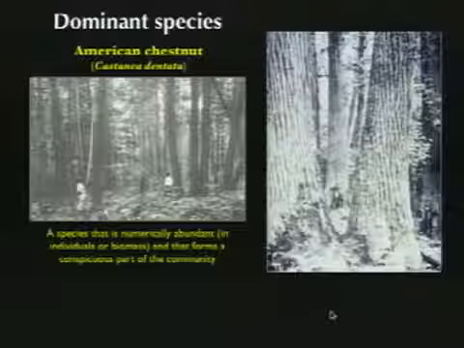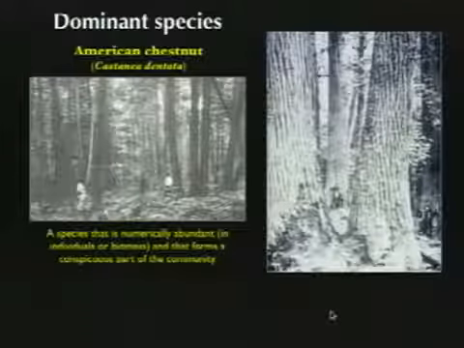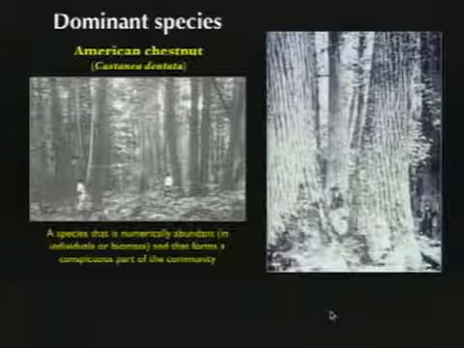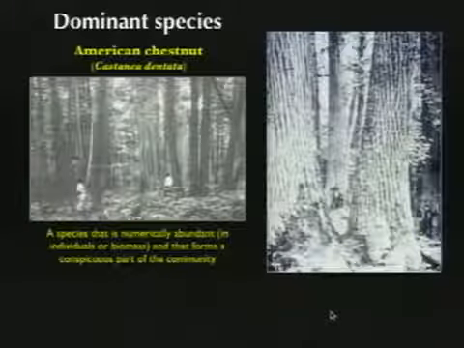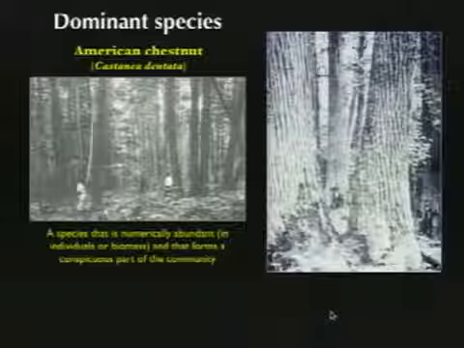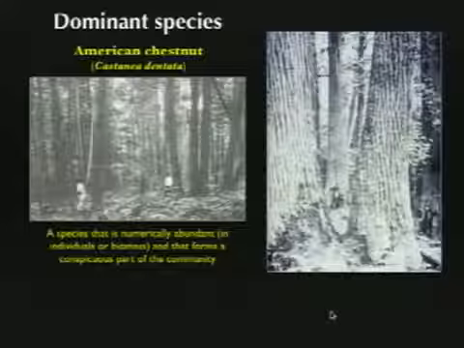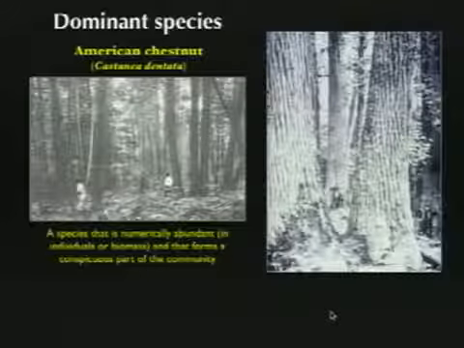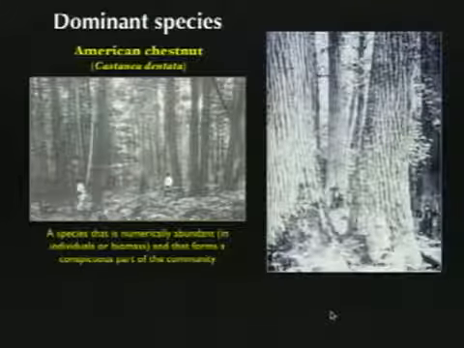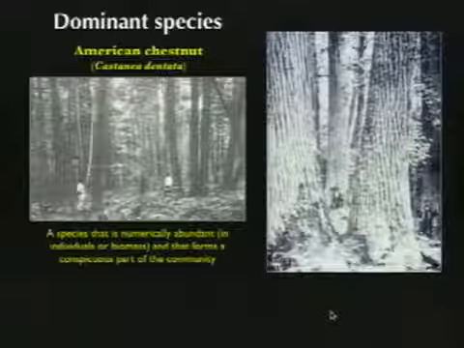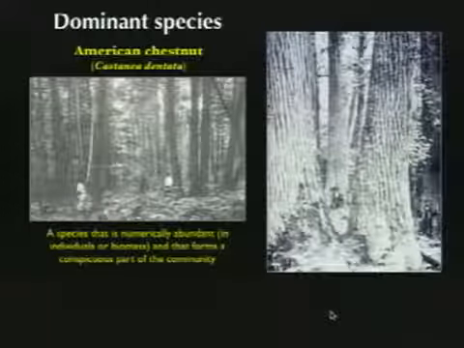So when we speak of the biomass of a species in a community, we think of it in terms of the mass of all those individuals belonging to that species in the community. You can think about it as their dry weight if you want to. Or very often we're just talking about total number of individuals. Here's an example of a tree, the American chestnut, that used to be dominant in many forests on the east coast of the United States.